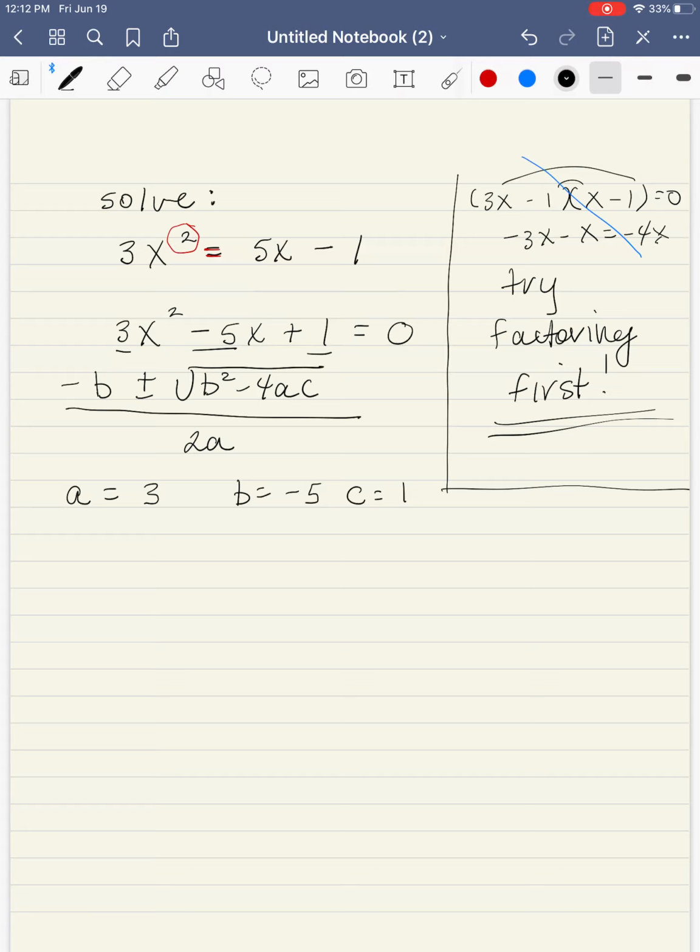And then it's just a matter of plugging those numbers into the formula and simplifying. I want you to go ahead and put each of these numbers, the A, the B, and the C, in place of the letters in the formula, and then simplify what's under the square root.